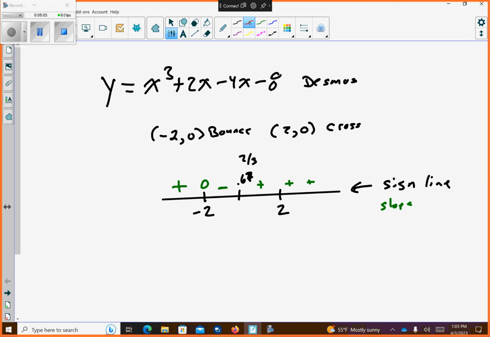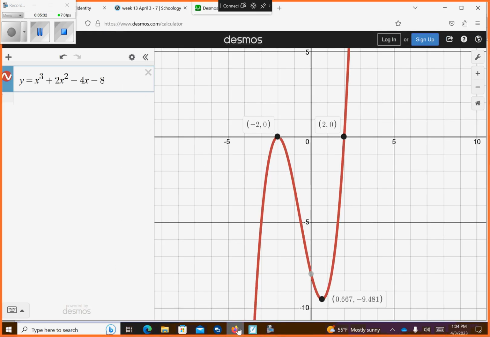So let's do this. Let's graph the derivative. Oh, that should be squared, sorry. Okay, so that's the derivative of the function. Let's see what happens when I graph the derivative with this on top of it.